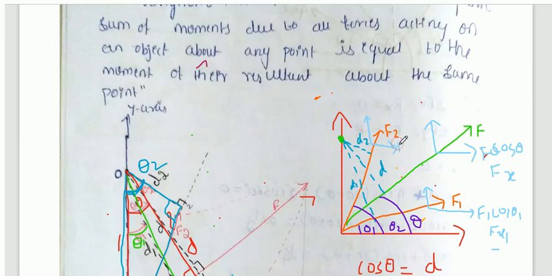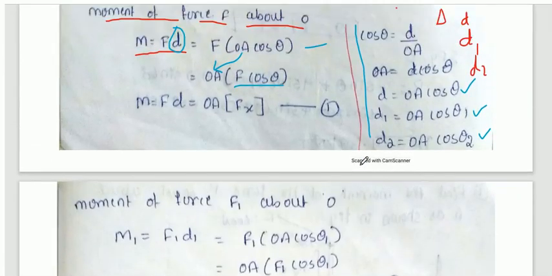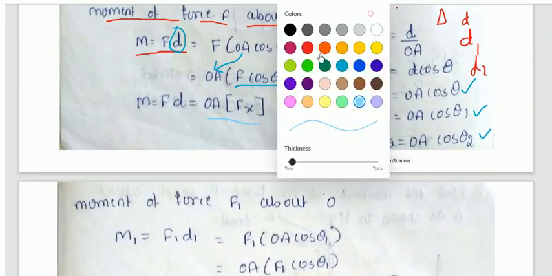F2 cos theta 2, and we can write it as Fx2, correct? The same thing they have taken here, F cos theta, we can write it as Fx. Is it clear?